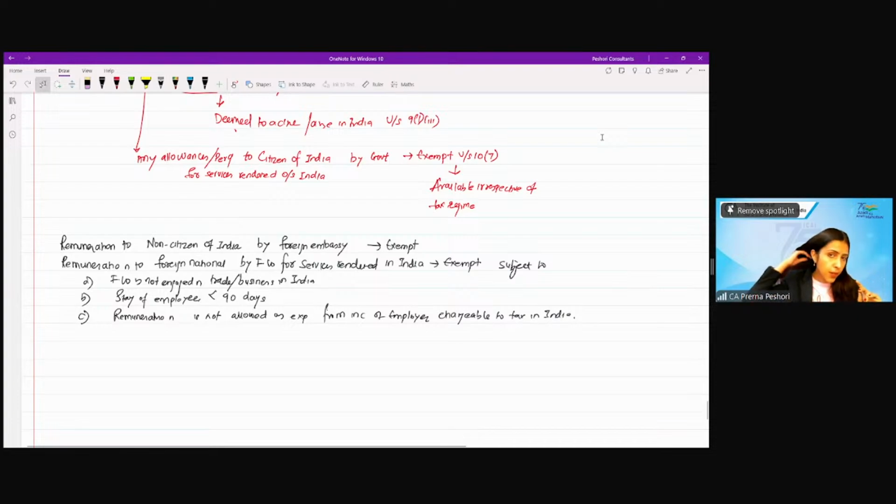And that's where we were asking a question that if the shares of a foreign company, which is deriving its value from Indian assets, are deemed to be situated in India, the dividend will also be said to be accruing or arising in India, right? That's why we were asking the question.